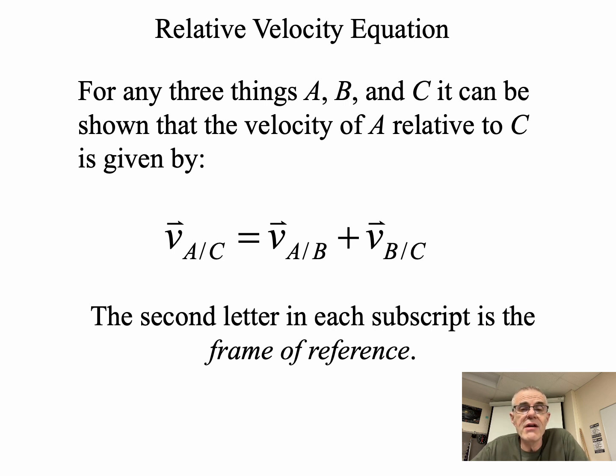The velocity of A relative to object C is equal to the velocity of A relative to object B plus the velocity of B relative to C. Did I say that right? A relative to C is a combination of A relative to B plus B relative to C.